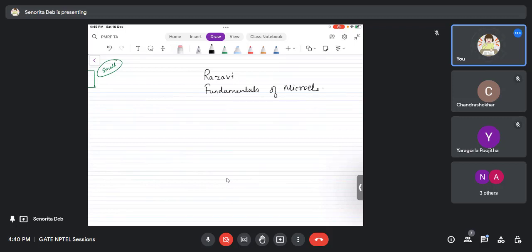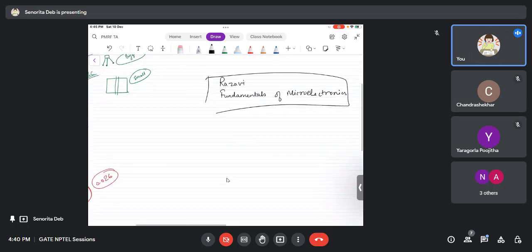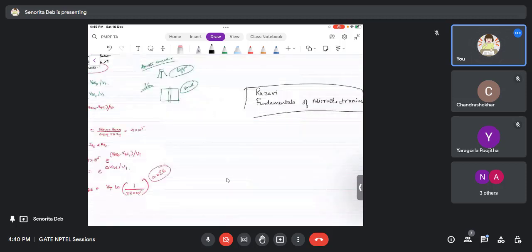Okay, go through this book. Don't see the analog design book. That is not for you. This book will be for you. I think even MOSFETs this book will cover. This is a good book. Razavi Fundamentals of Microelectronics. I've taken it from there.